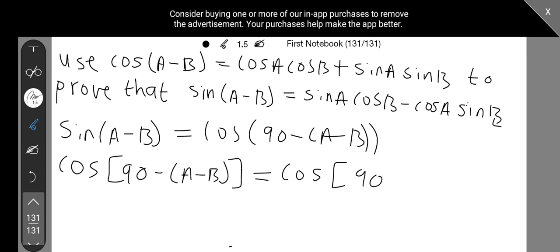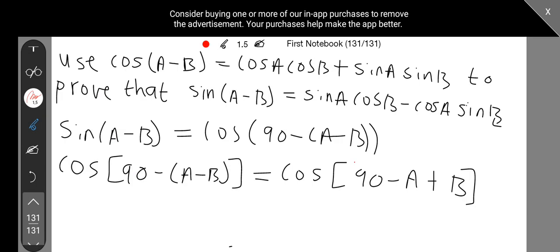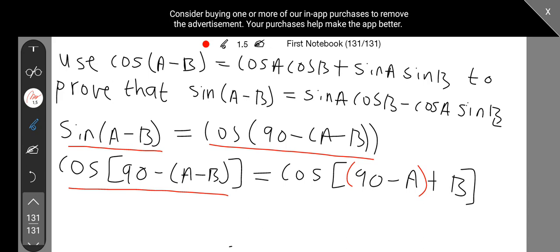We distribute the minus to the brackets: 90 − A, and then negative times negative B is plus B. Just as we have done in the previous lesson, we're going to isolate the 90 − A from the positive B. At the end, what we must note here is that sin(A − B) is equal to cos(90 − (A − B)), and cos(90 − (A − B)) is equal to cos((90 − A) + B).